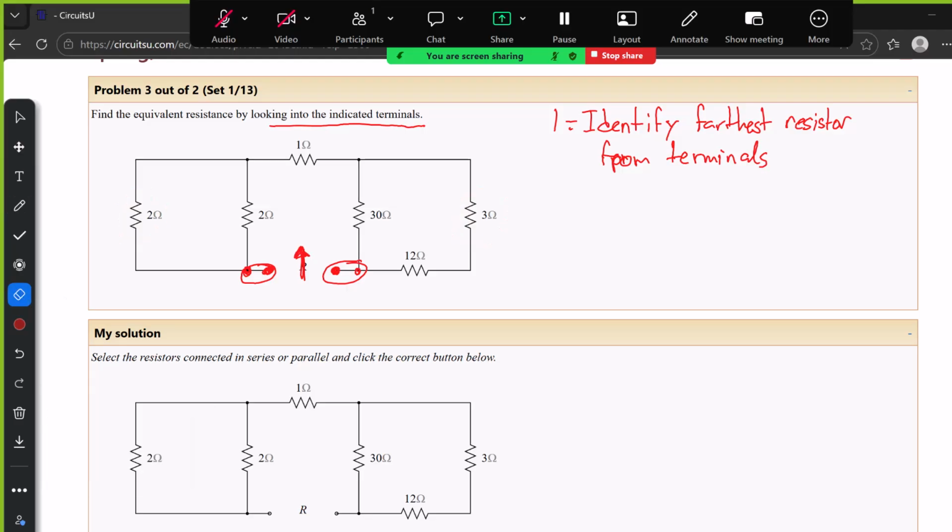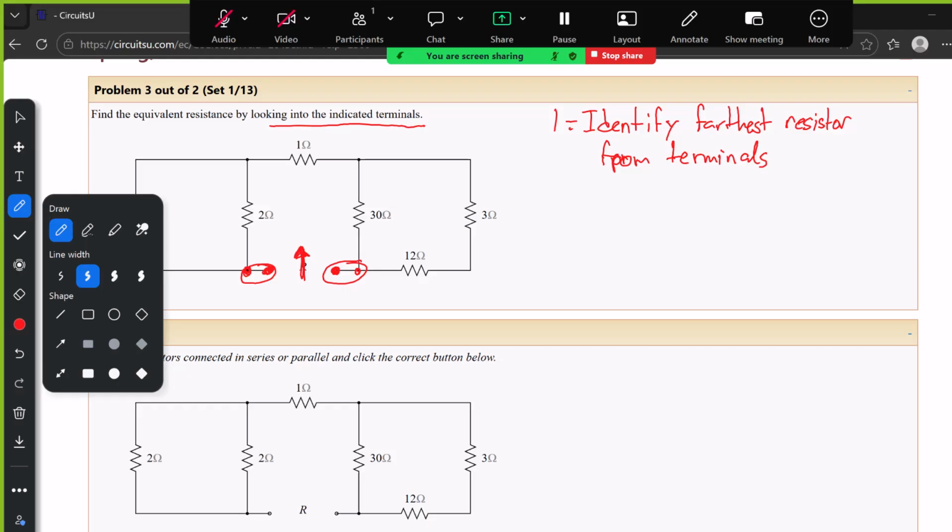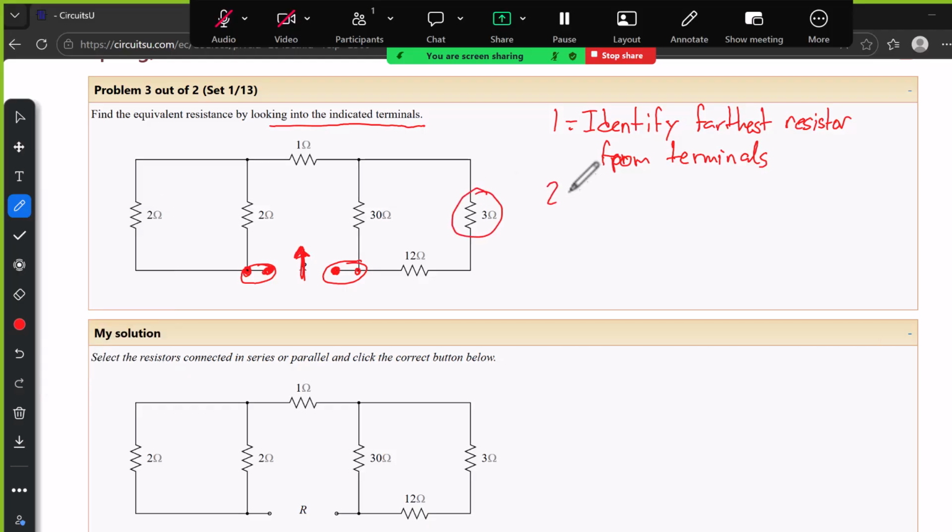The next thing, once we have identified our farthest resistor, is to identify the resistor right next to it. So in this case, the resistor or resistors right next to it is the 12 ohms.